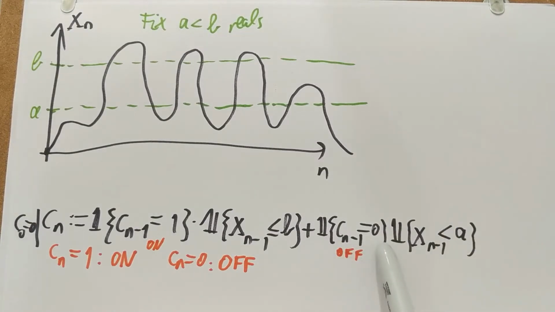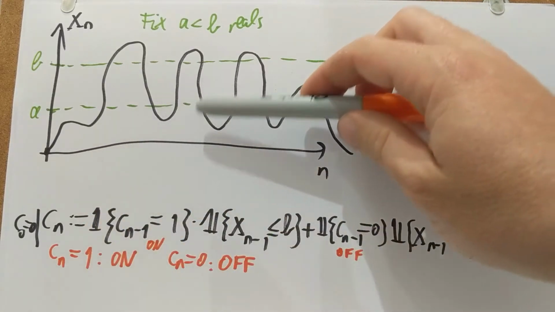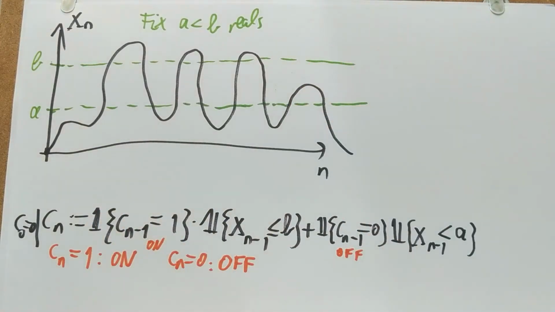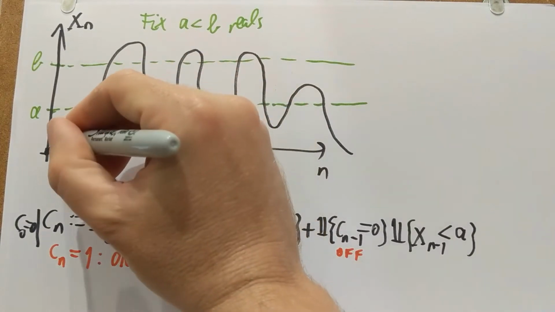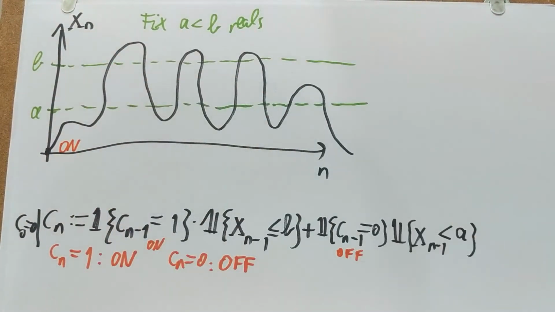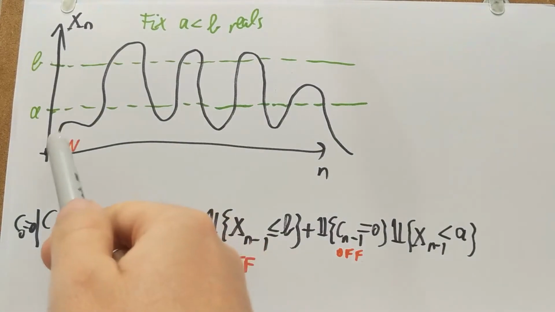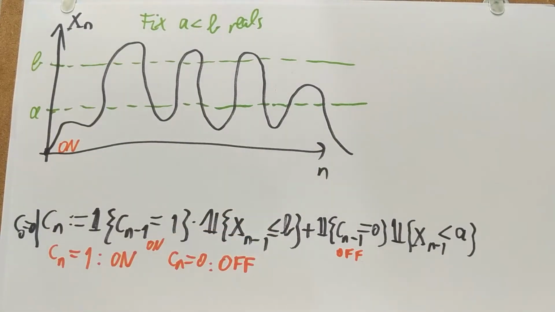When it was off, it turns on when x_{n-1} is less than a. So whenever it was off, it's turned back on when my process is below the level a, which means that immediately it's going to turn on, at least in this picture. If my process starts from 0, which is supposed to be below a in this picture at least, then immediately it turns on. It started with C_0 equals off, and it turns immediately on.